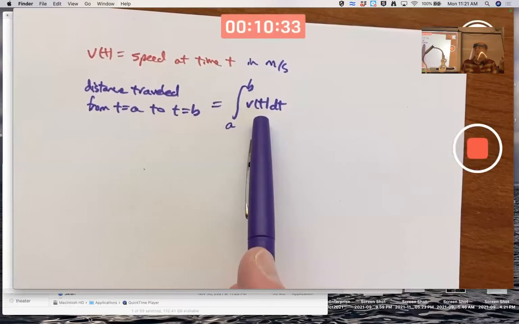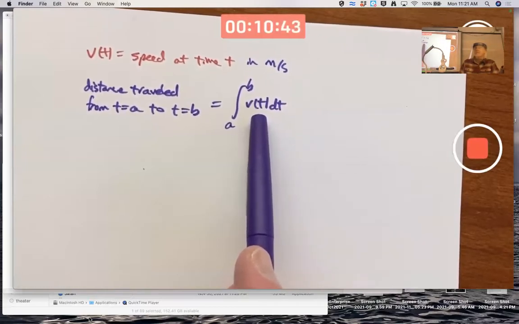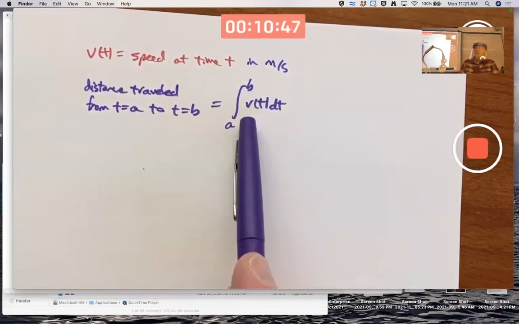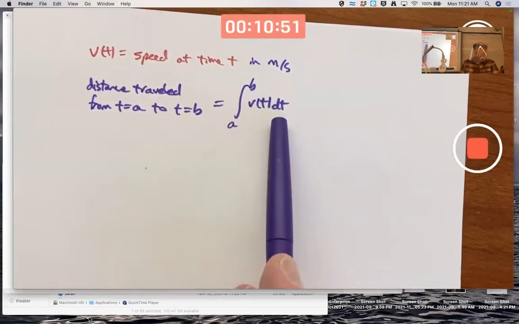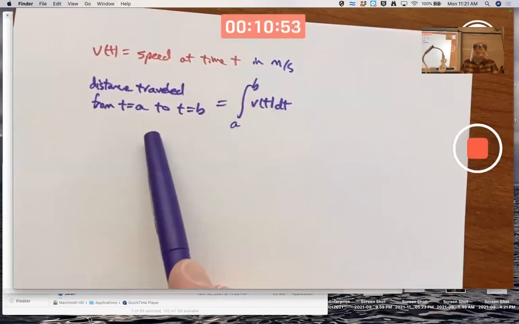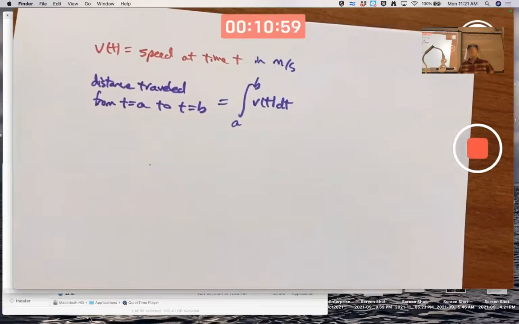They are thinking that way. They're not thinking about limits of Riemann sums necessarily, though maybe they know in the back of their mind they probably should. Okay? And they want you to get the idea of an integral intuitively. Add up the little distances traveled to get the total distance traveled. Anyway, that is the answer. That would be the distance traveled.